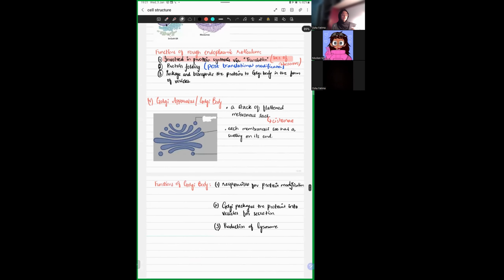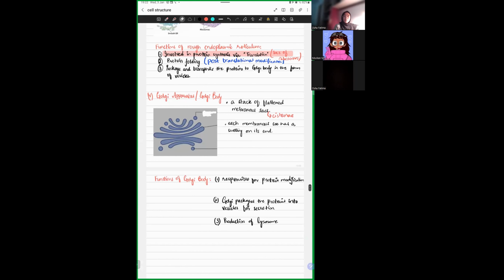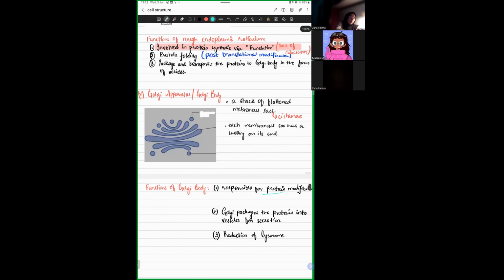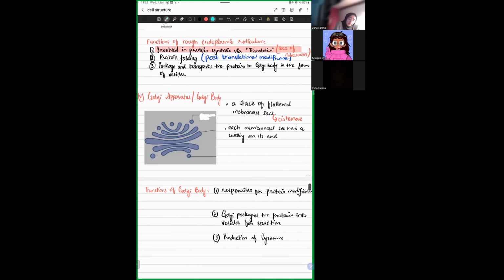Now coming to the functions of a Golgi body. Golgi body is responsible for protein modification. It is responsible for what? It is responsible for protein modification. Now, you do not have to confuse this with post-translational modification, because in post-translational modification, what was happening?